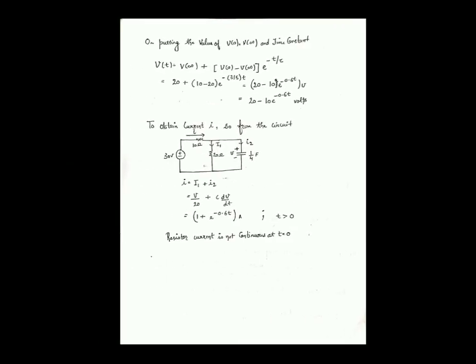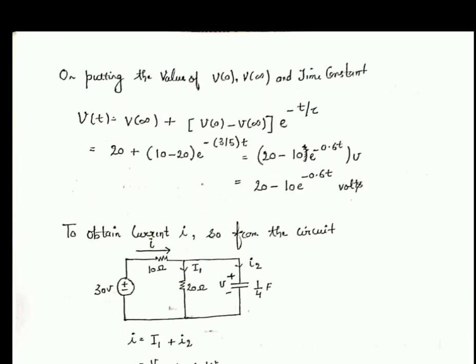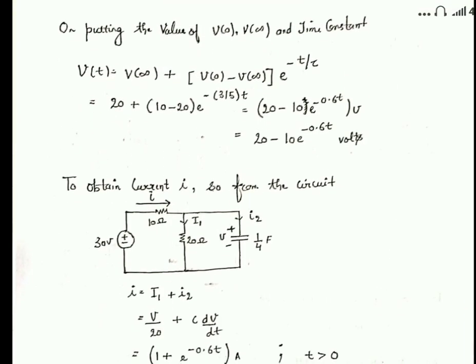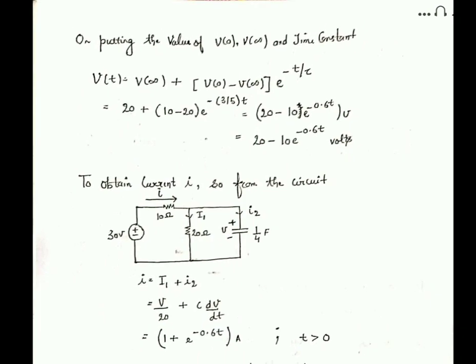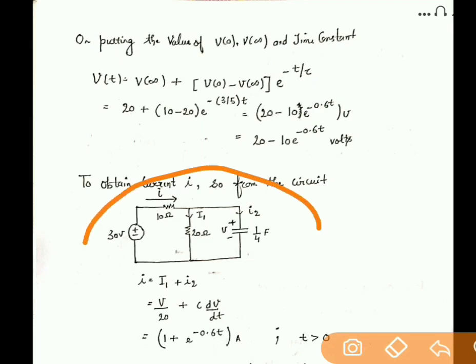Now in the other expression, if we talk about figure B, in figure B we have to calculate the voltage across the capacitor. So this is basically the diagram of figure B. Over here you have to calculate the voltage V. Now how are we able to calculate the voltage V?